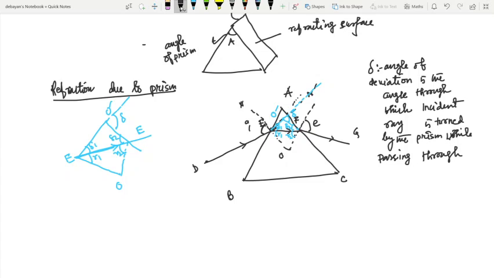Or in other words, you can say that the angle between the emergent ray and the direction of the incident ray is the angle of deviation.